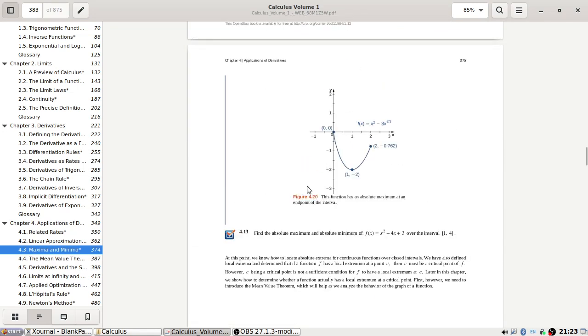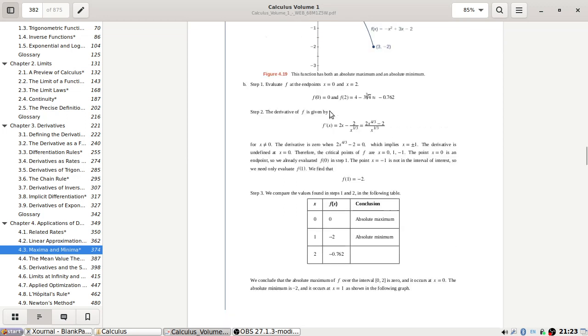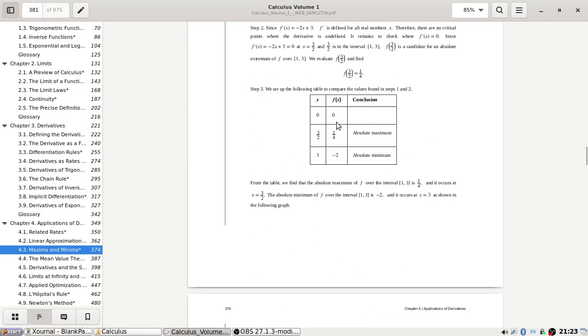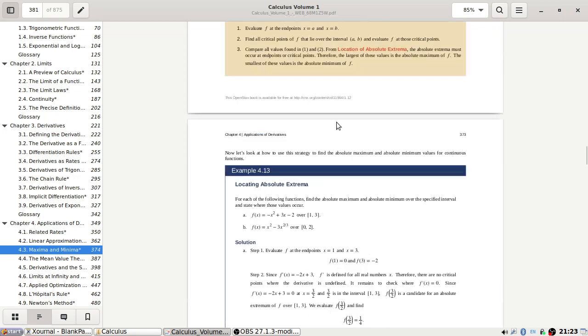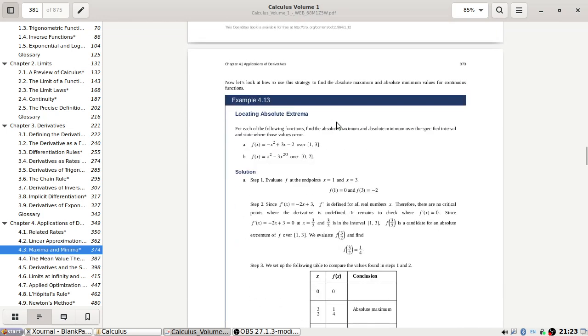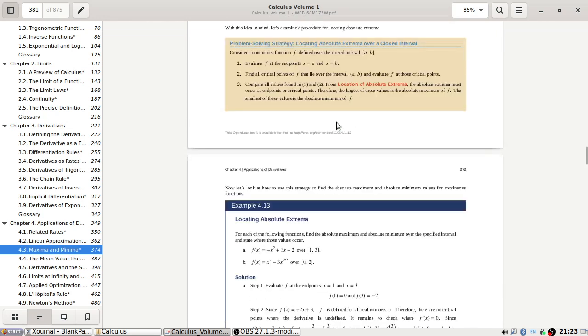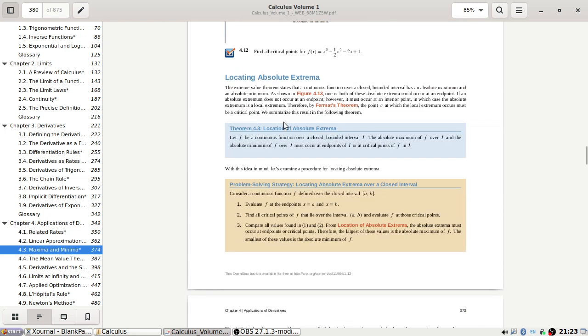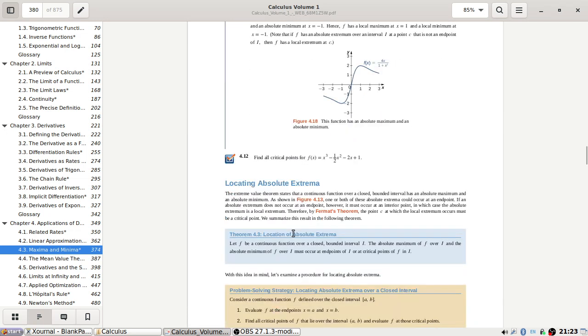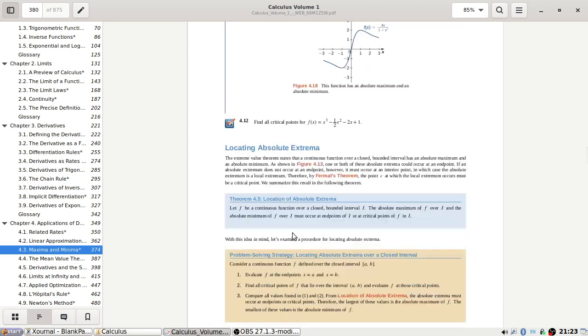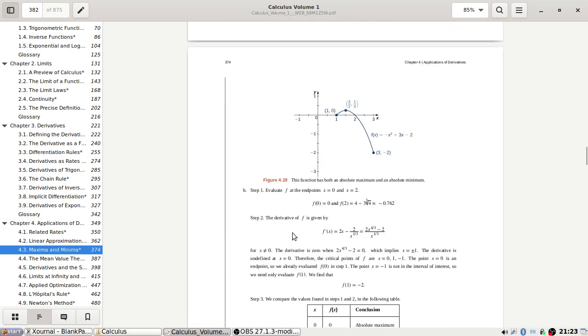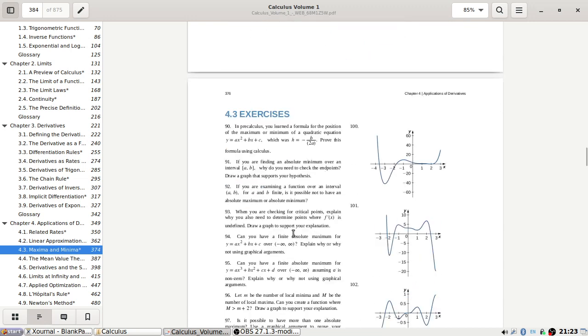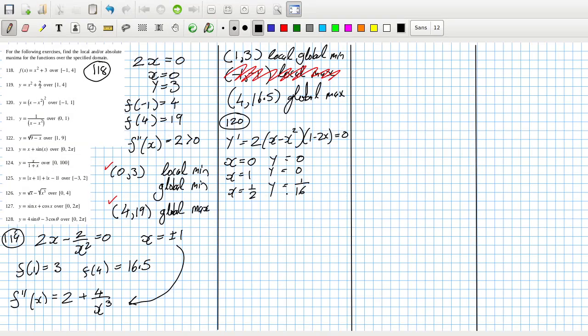Perhaps not, actually, because the examples here are first derivative. Maybe we're not being tested on it. Maybe I shouldn't be calculating the second derivative.